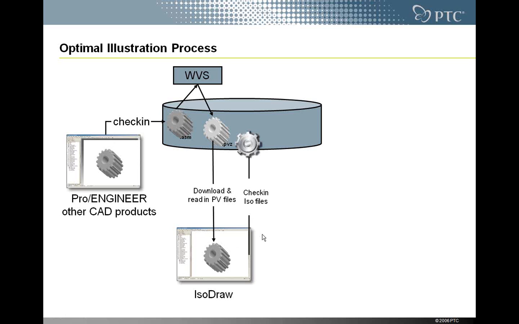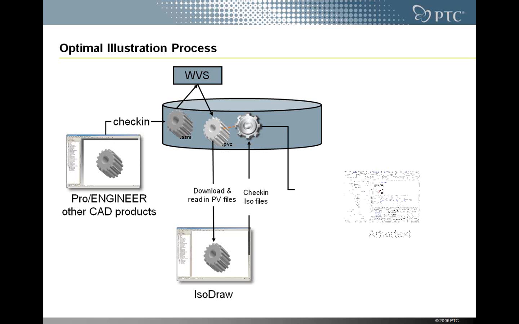In this case here, we're working with PTC's Windchill application, and if you'll notice, there's an associative link created from the finished illustration back to that 3D CAD data. Very useful there because when design makes a change, all those 10 or 15 different illustrations you created from that assembly can now be updated automatically if you want them to, or you can use that update information to create a new revision of the graphic.